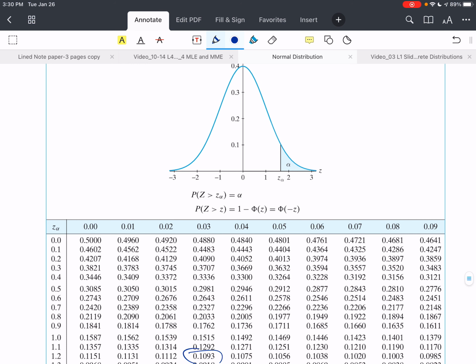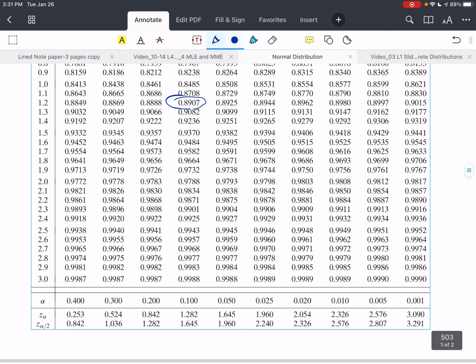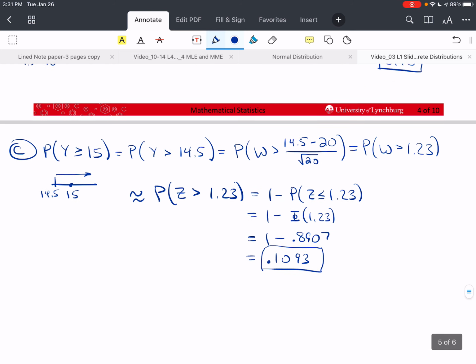I want greater than 1.23, right? And so greater than 1.23 is in this table, so we get 0.1093, or we could say 1 minus 0.8907, which is 0.1093. Okay.